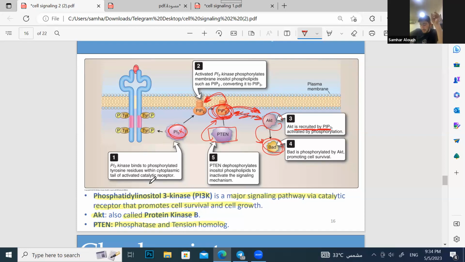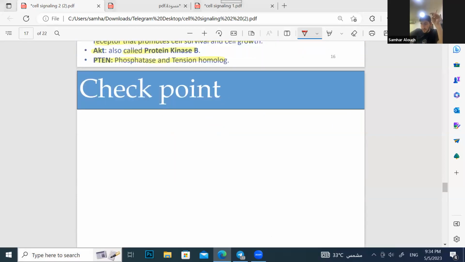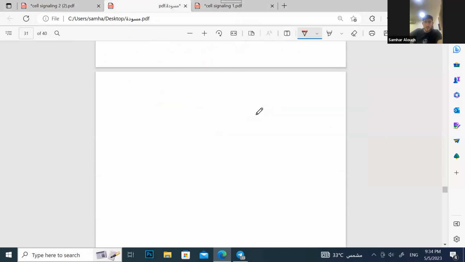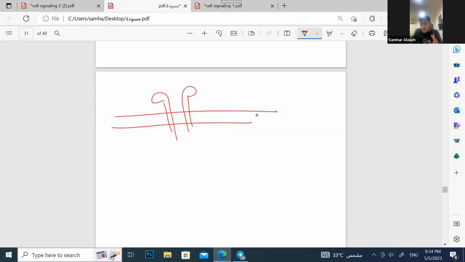So this is the last time I will mention this before the checkpoint. The whole PI3K pathway is like this, because we have one last pathway, which is the continuation of PI3K. So please focus. We have the membrane, we have the tyrosine kinase, the ligand binds, autophosphorylation happens, and we have tyrosine kinase here. Tyrosine kinase phosphorylates PI3K.